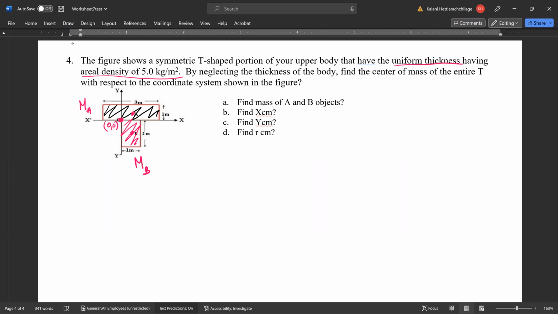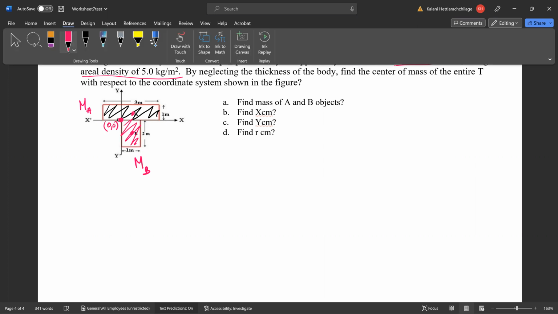You will see why it is given, because the mass is not given. By giving the areal density and the area, we will be able to calculate the mass of these two objects. That's why. And by neglecting the thickness of the body, find the center of mass of the entire T with respect to the 0, 0 point on the figure.